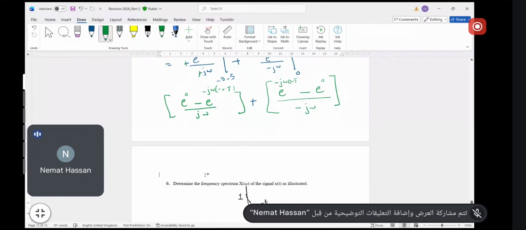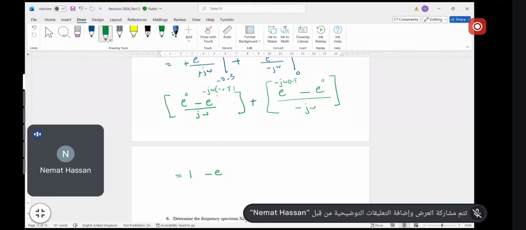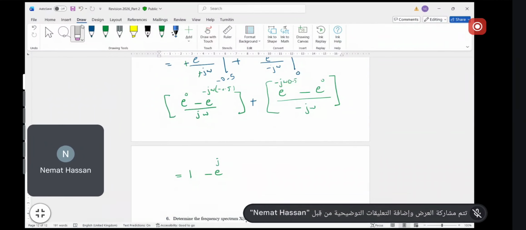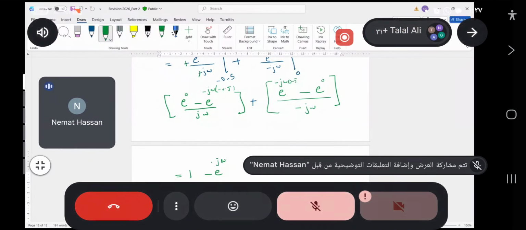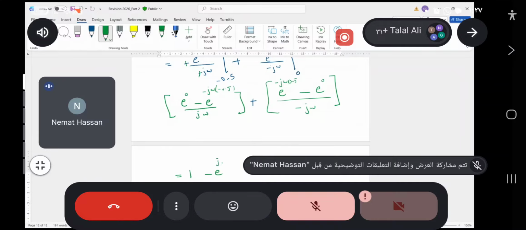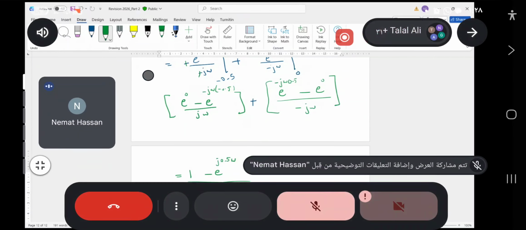Which will be equal to e power 0 is 1 minus e power negative negative is positive, so j 0.5 omega over j omega.